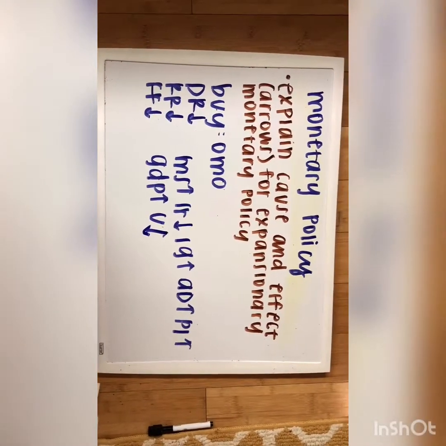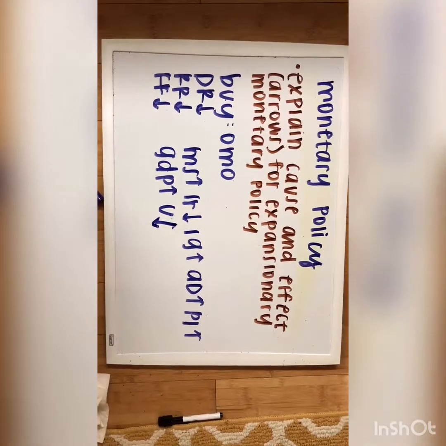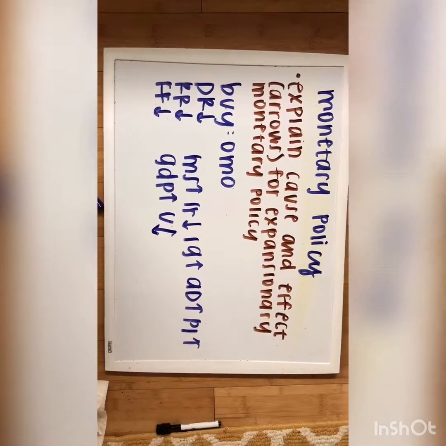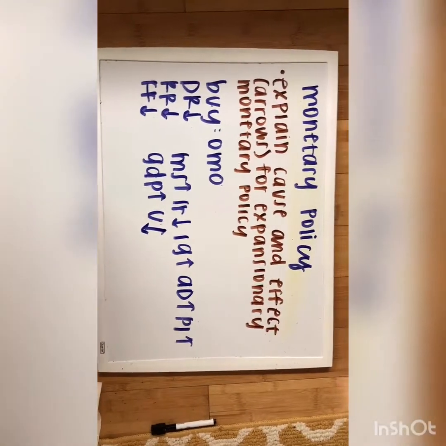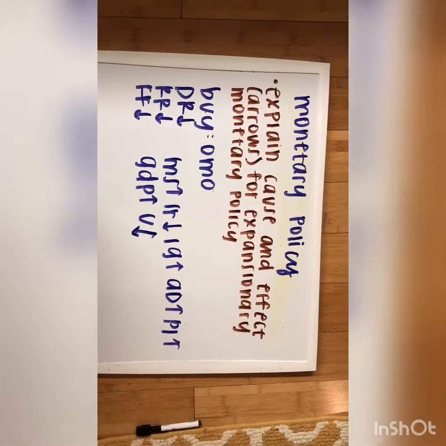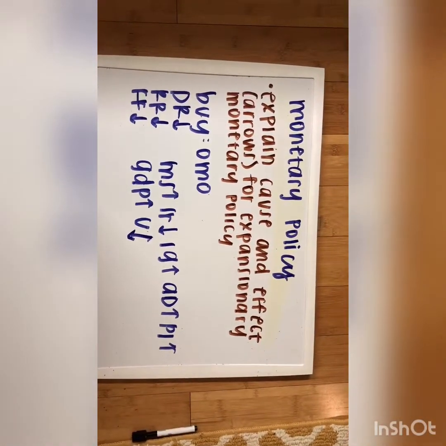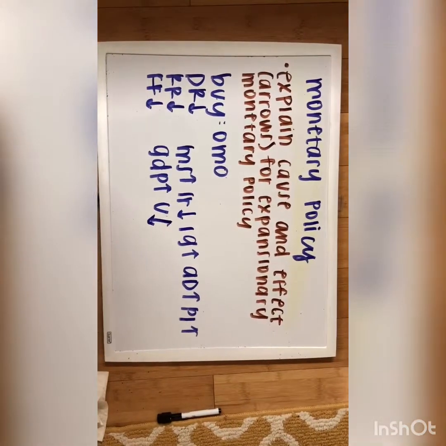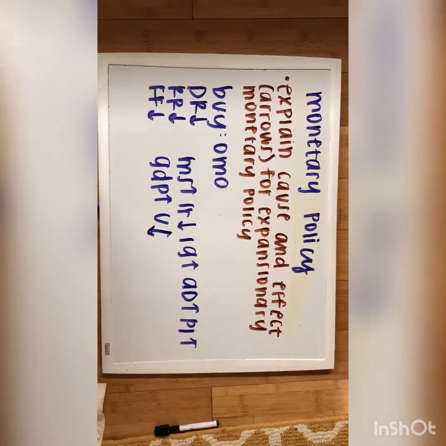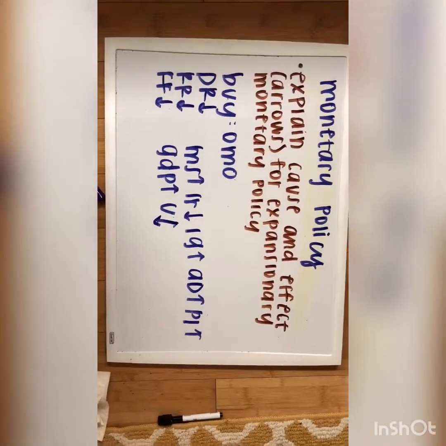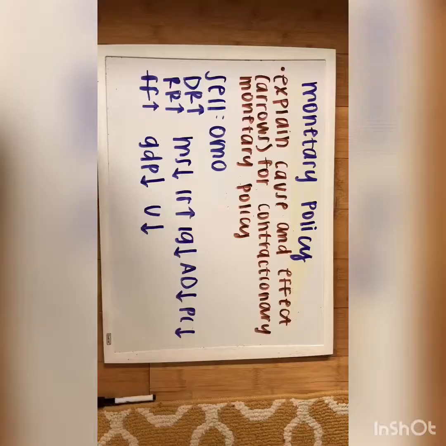Same thing if the government decided to decrease the required reserves: you would just go through those cause and effect arrows, and it would increase the money supply, etc. A way to remember these arrows is: Mrs. Irma, I got a doctor. Please go diminish pain urgently.